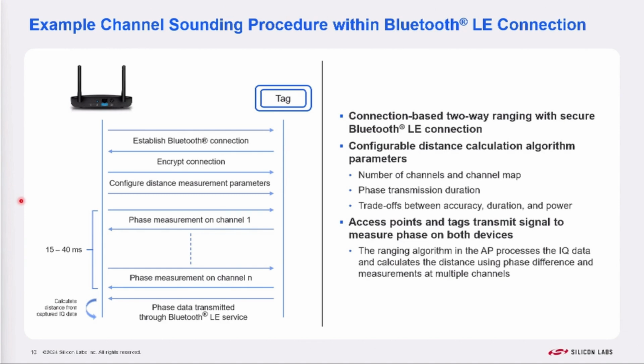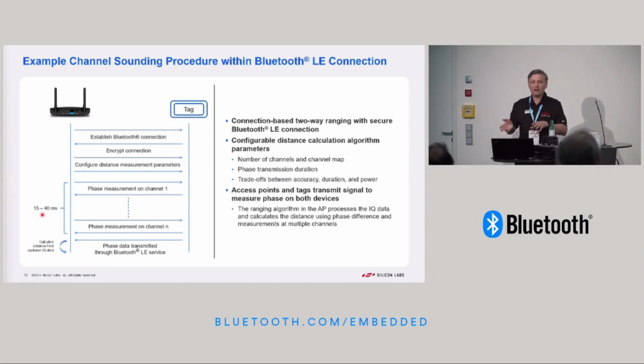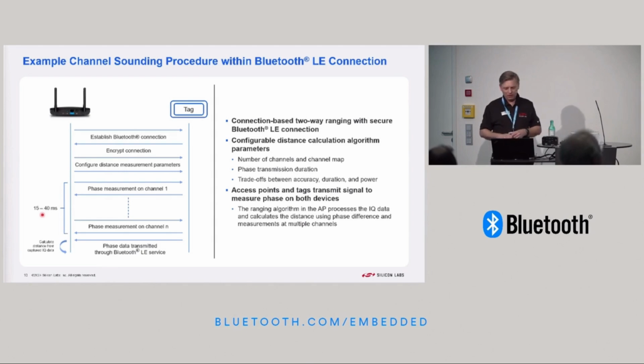And then in this case, phase-based ranging happens across a set of channels. We put 15 to 40 milliseconds here, but that can vary greatly depending on the configuration. And then the phase data is transferred back to the initiator. In this case, I've highlighted an access point and an asset tag. We'll come back to this use case in the second part of the slide deck.